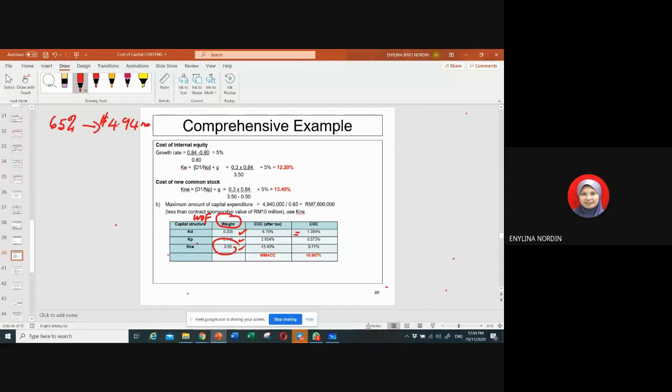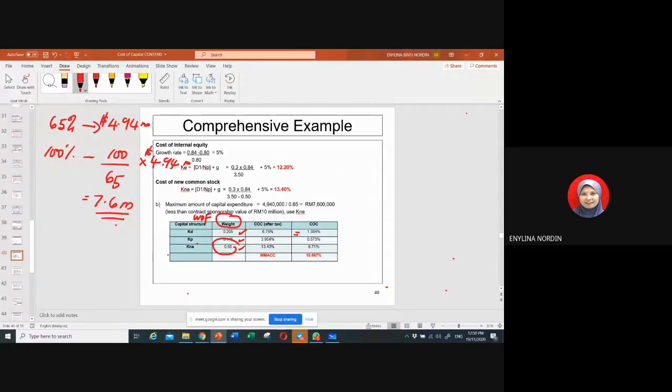Okay, so if it's 100%, that means 100 divided by 65 times 4.94 million. Dapat tak? 7.6 million. Is it the same? Did you get 7.6 million? Let me calculate. Betul tak? Betul, madam. Sama? Sama-sama. Okay, sama.